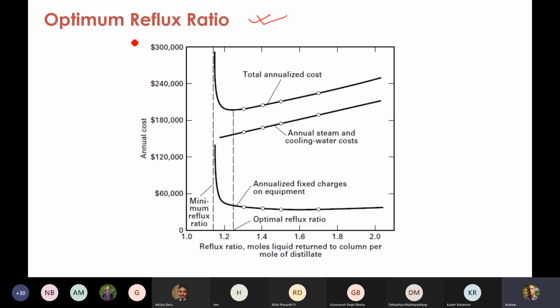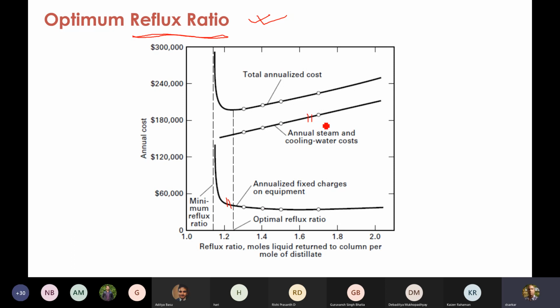See what happens as you increase the reflux ratio: you need fewer trays. That means the annualized cost, I mean the fixed charges on equipment, decreases as you increase the reflux ratio. But as you increase the reflux ratio, note that you will be handling more liquid and more vapor, right?